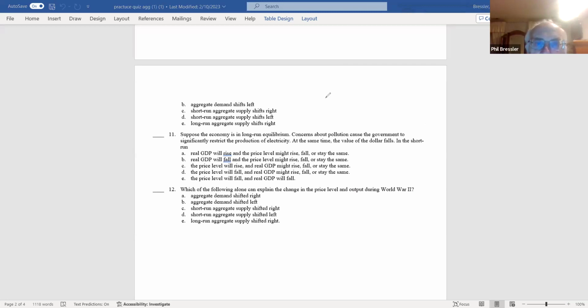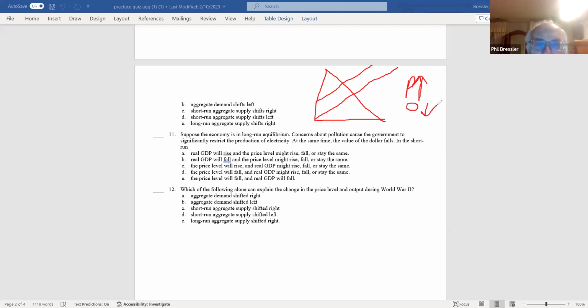Restricting electricity, that would be a resource. So you're going to get supply to the left, and that is price up, quantity down, or output down.